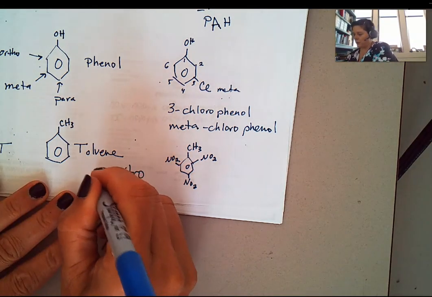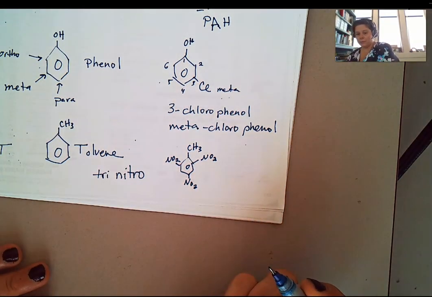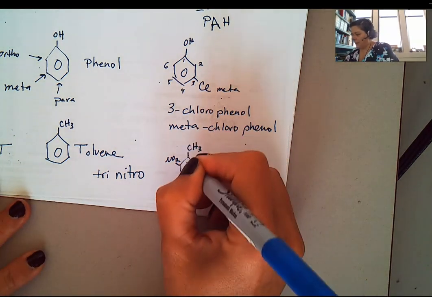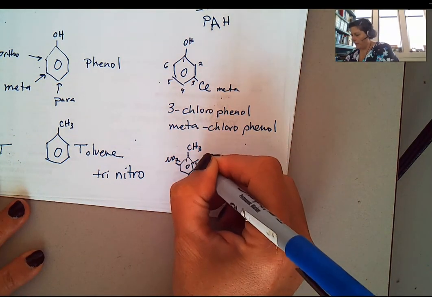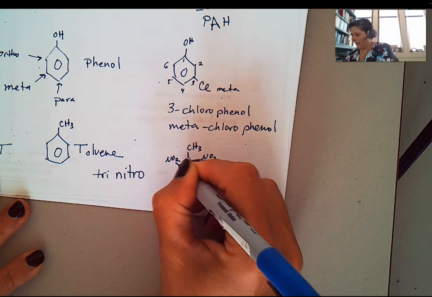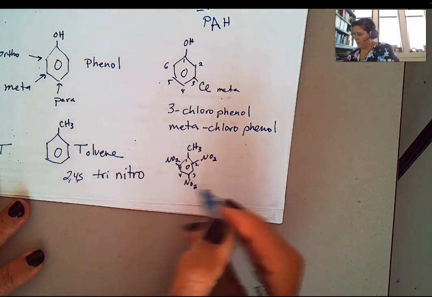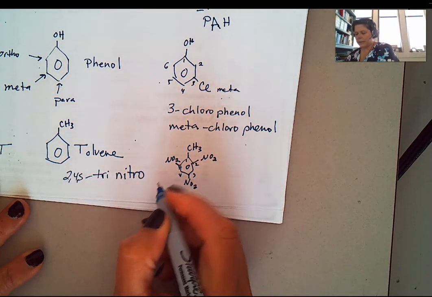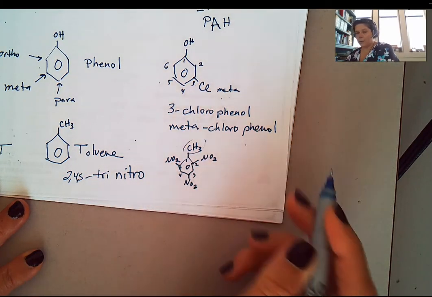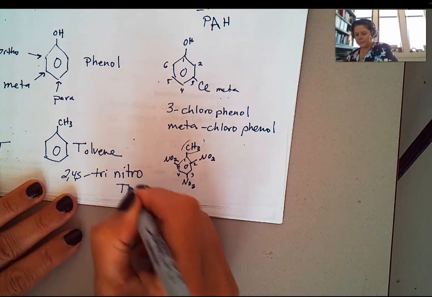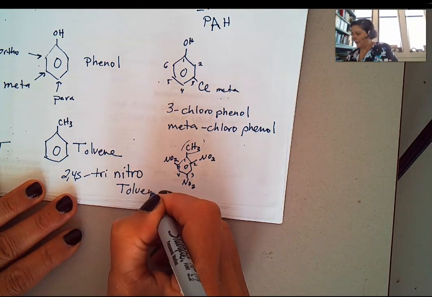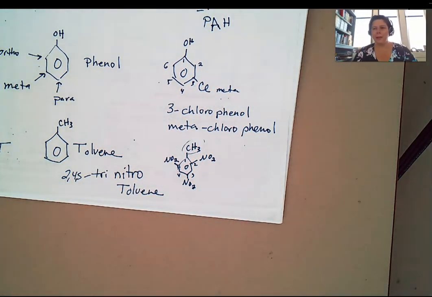So it's trinitro, right? And so this is our toluene. This is our 1 carbon, 2, 3, 4, 5. So this is 2, 4, 5, trinitro. And then this up in here makes it toluene.